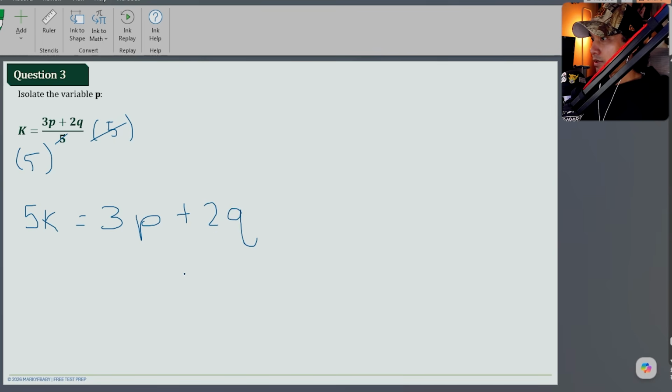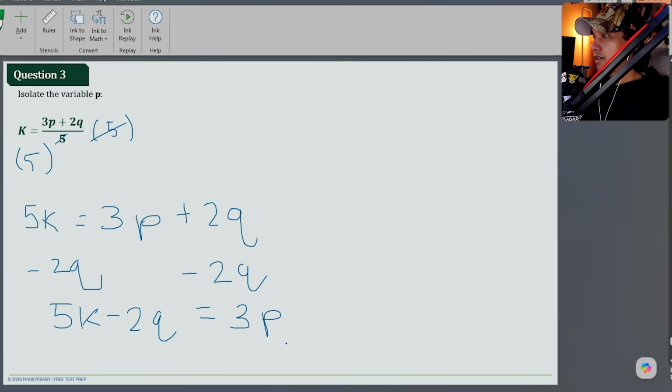So what I'm going to do next is minus 2q, minus 2q. And then what I'm left with is 5k minus 2q equals 3p. And then I'm going to divide by 3, canceling the 3s out on the right side, and then putting the 3 here, dividing it by here, and nothing else can happen.